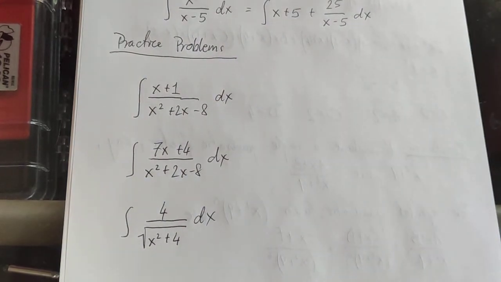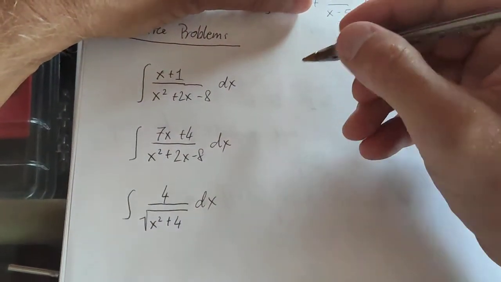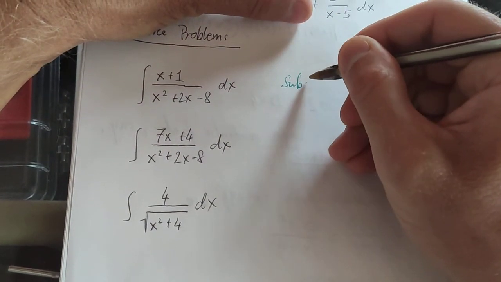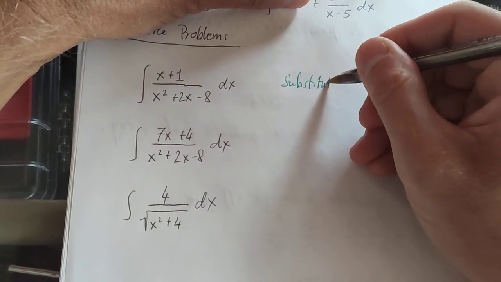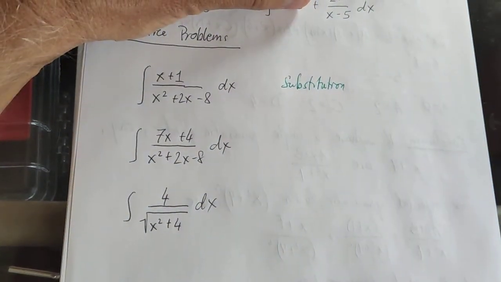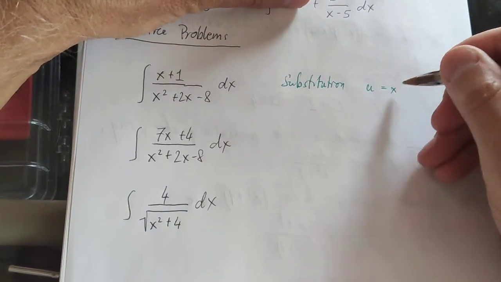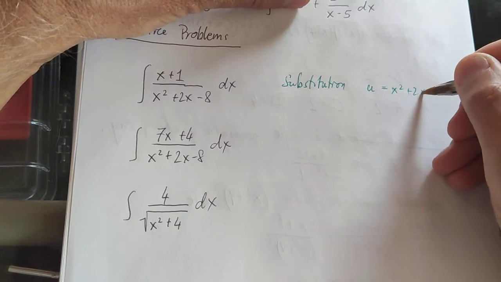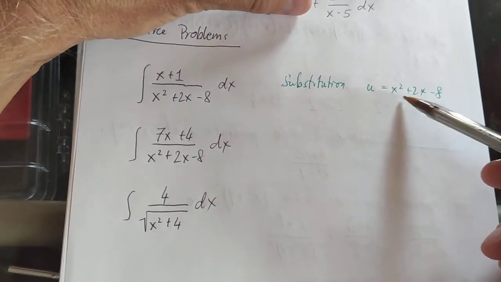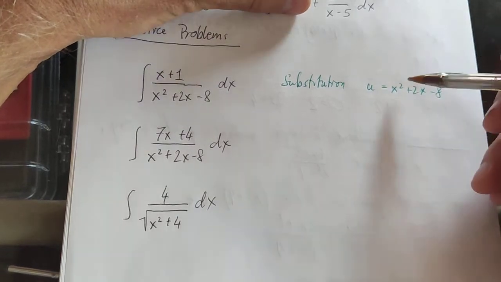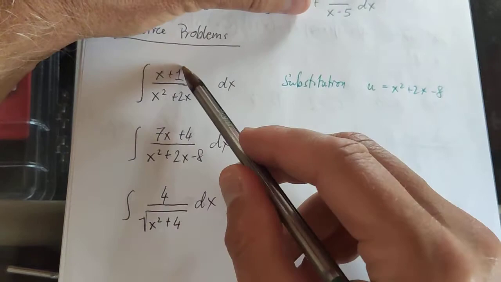And I hope you've done it. So for the first one, you can do substitution. I guess u would be the whole denominator, x squared plus 2x minus 8, because once you differentiate this, you're going to get 2x plus 2, which is almost the same as the numerator.